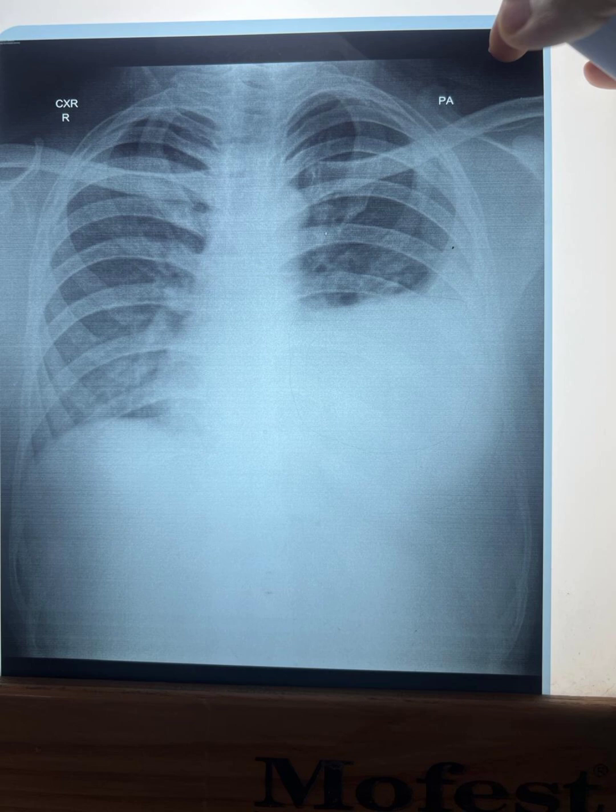And the mediastinum is also not significantly shifted, which means that the volume is mild to moderate. And the rising lateral edge does signify that the amount is more moderate rather than mild.